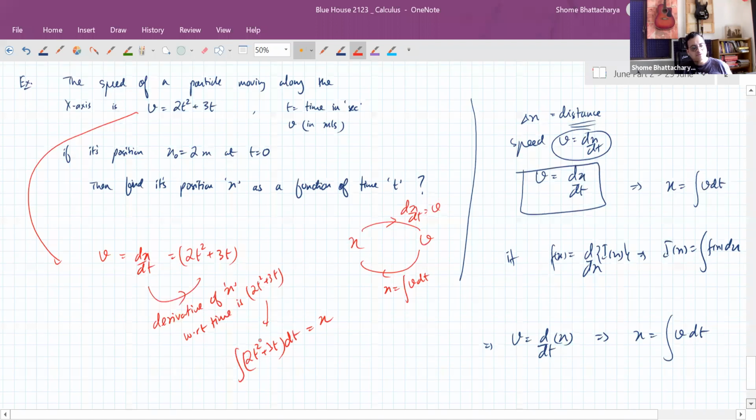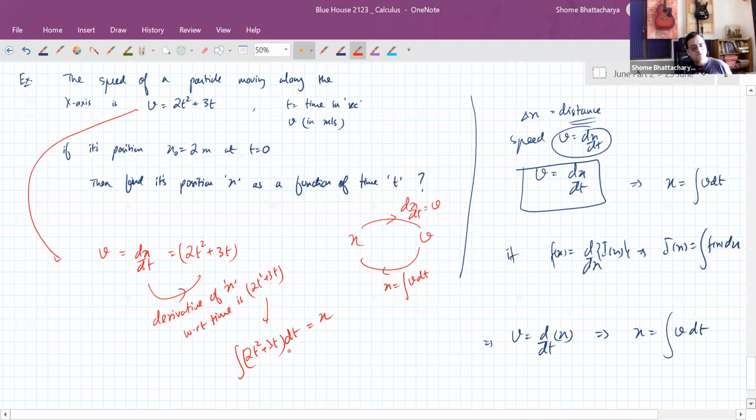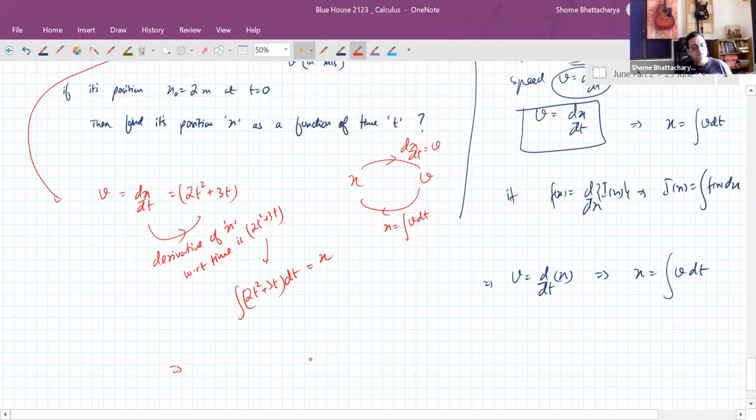So x is equal to the integration of 2t square plus 3t, which we can very easily carry out. We'll write one combined constant.